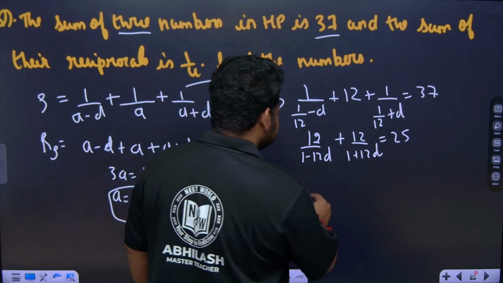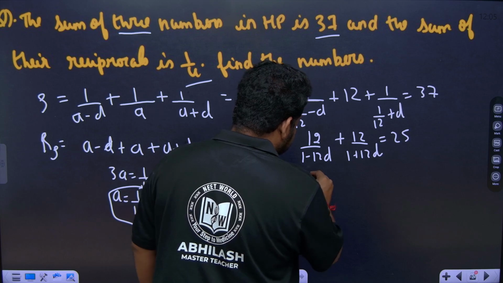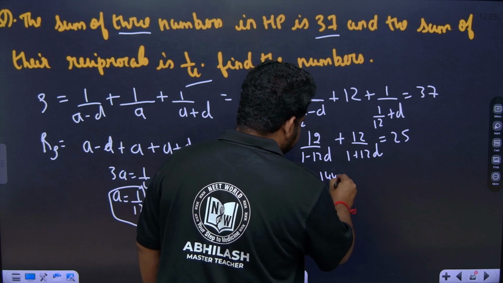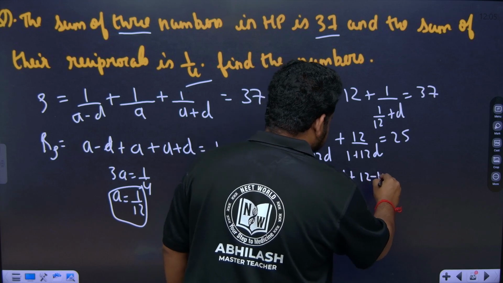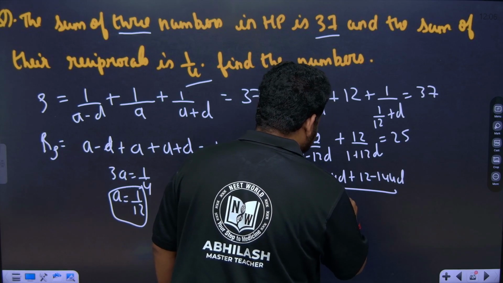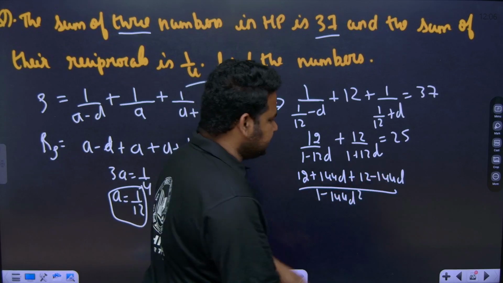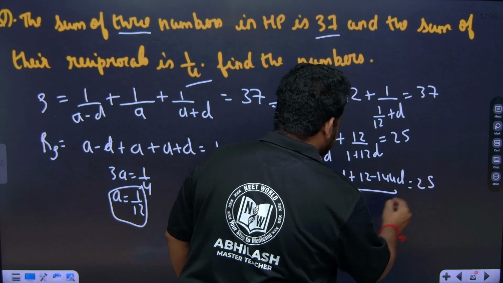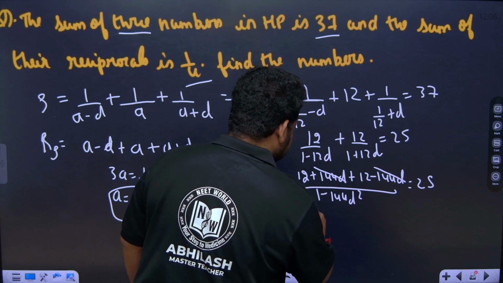Now if I take the LCM, I will get 12 into 12 plus 144d, plus 12 into 12 minus 144d, over 1 minus 144 d square, using a plus b into a minus b. This is equal to 25. Now this and this will cancel, so 12 plus 12 is 24.